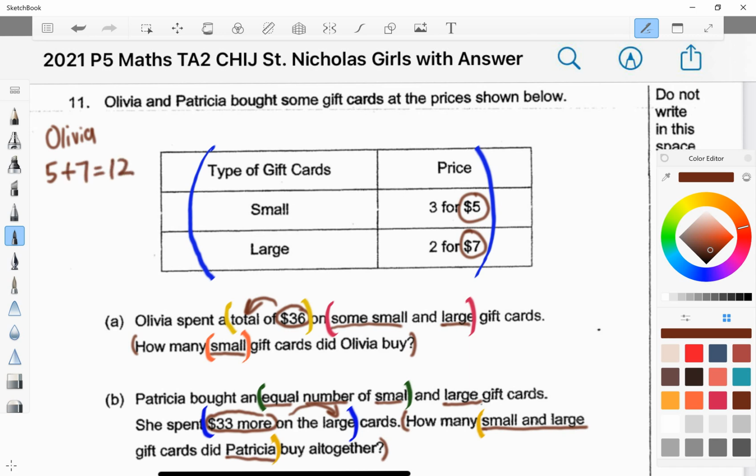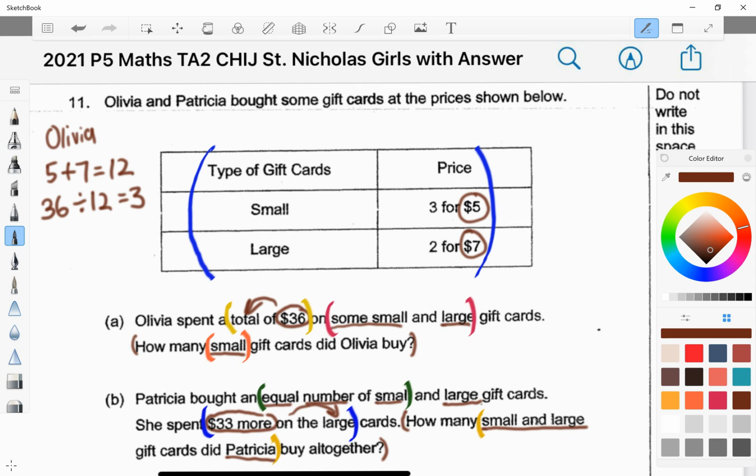And why is 12 important? Because 12 is actually a factor of 36, or rather 36 is a multiple of 12. So I'll take 36 divided by 12 and I'll get 3. So what does this mean?